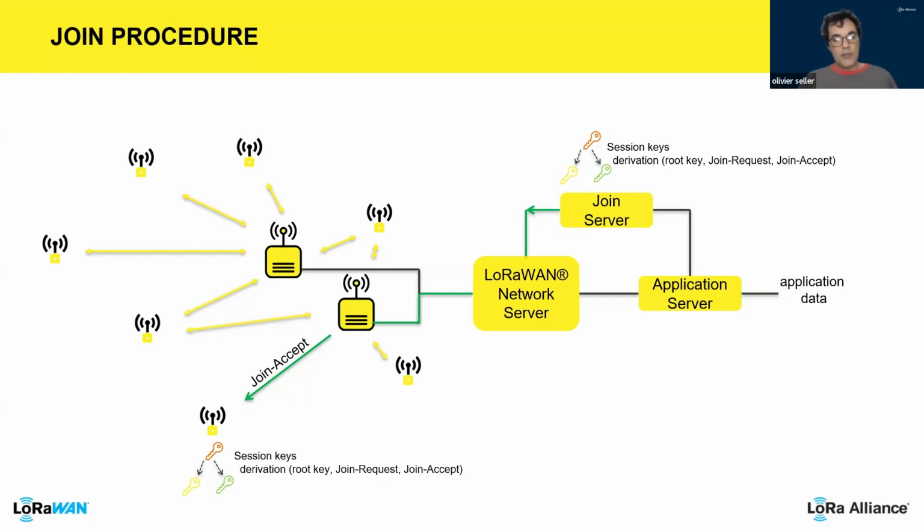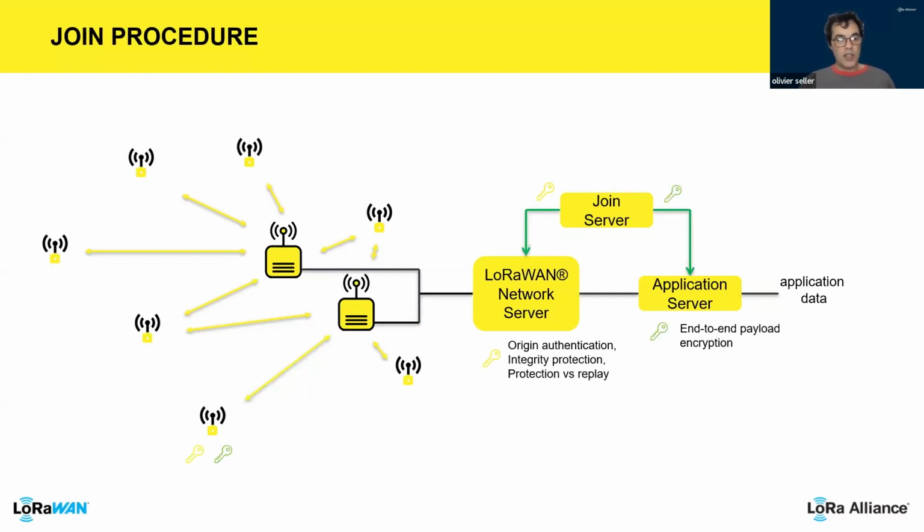That's a way to keep things secure, because once the session is established, only these session keys are used. The join server provides the network session key to the network server and the application session key to the application server. This application session key will be used for end-to-end payload encryption, because only the end device and the application server use and know that key.